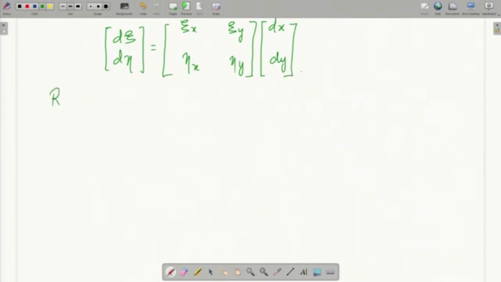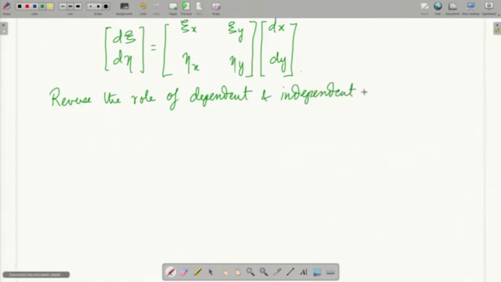Now, you could also reverse the role of dependent and independent variables. What does that give you?